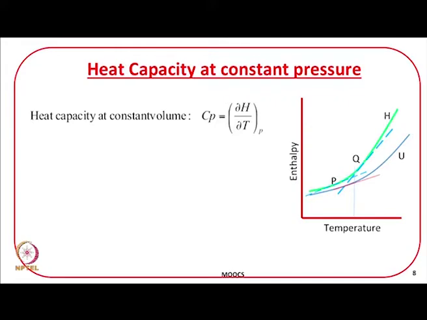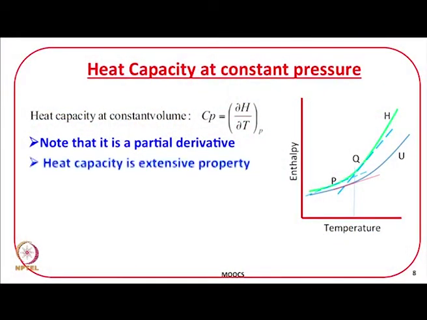If you hold the pressure constant, then some of the energy can be used to do work, and therefore one may require more heat to change the temperature by a unit degree. So the slope of H versus T is going to be higher than the slope of U versus T. That is, the value of Cp in general is greater than the value of Cv.